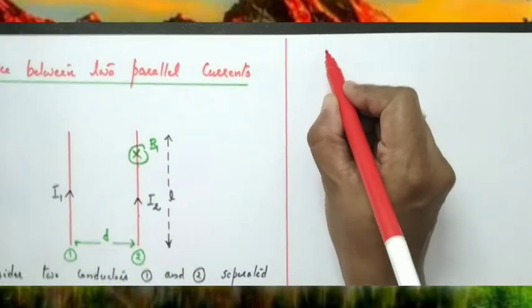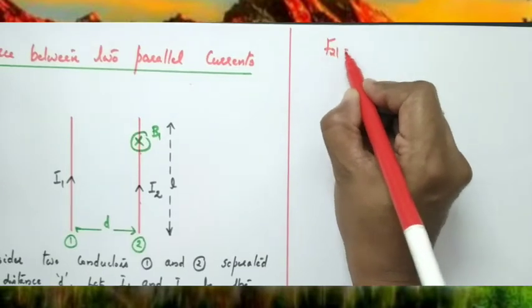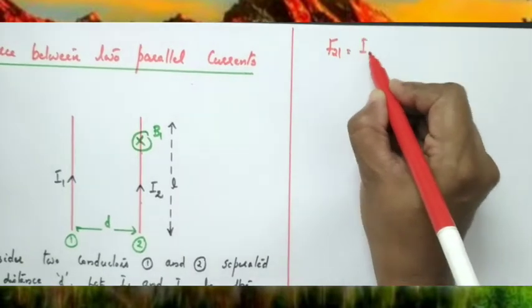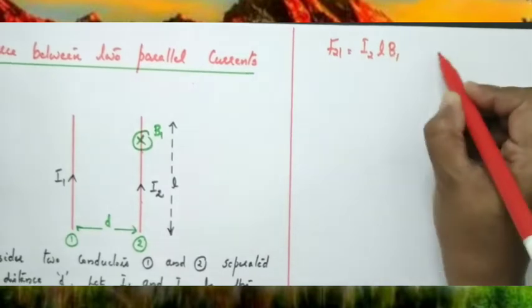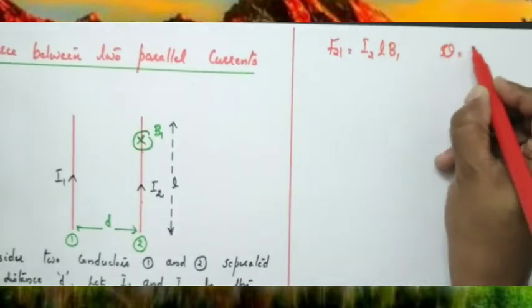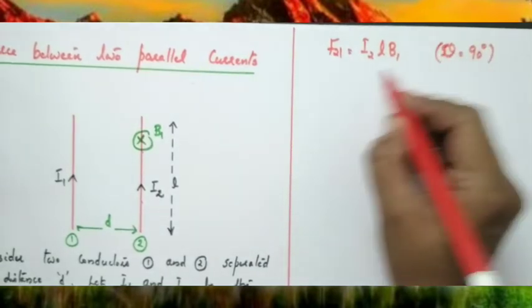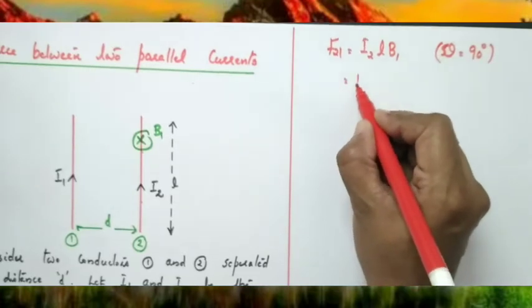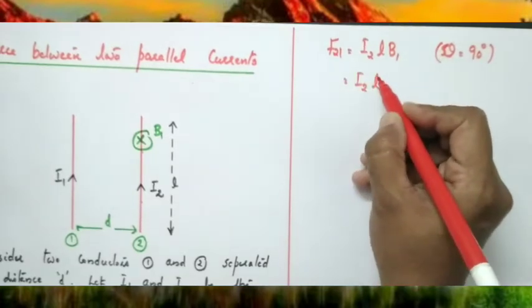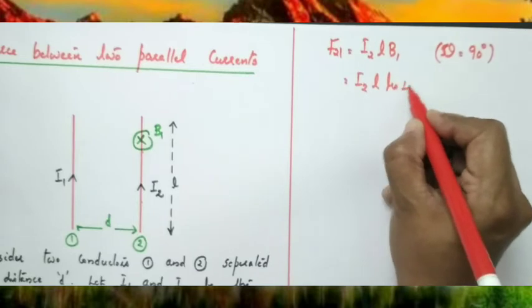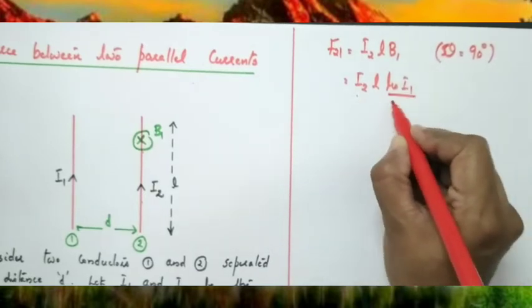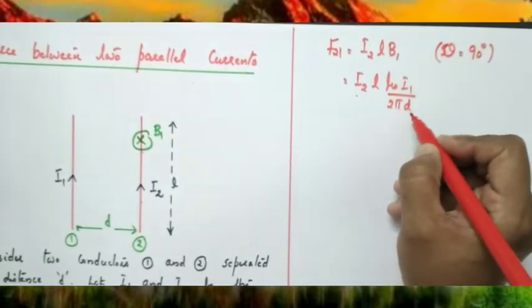Therefore, we can write F21 equal to I2 L B1, since theta is equal to 90 degrees. What is the value of B1? Mu 0 I1 divided by 2 pi d.